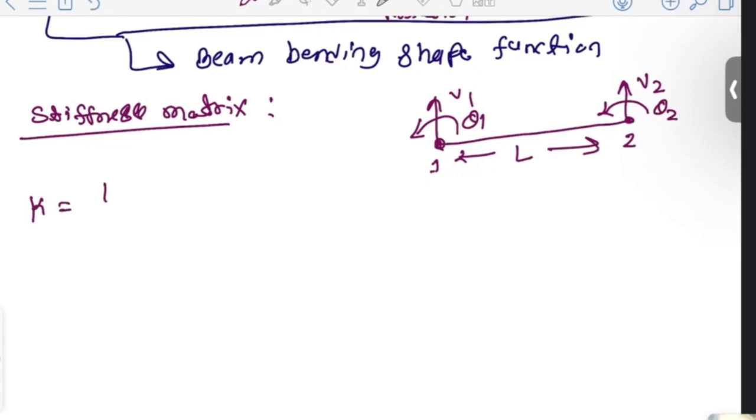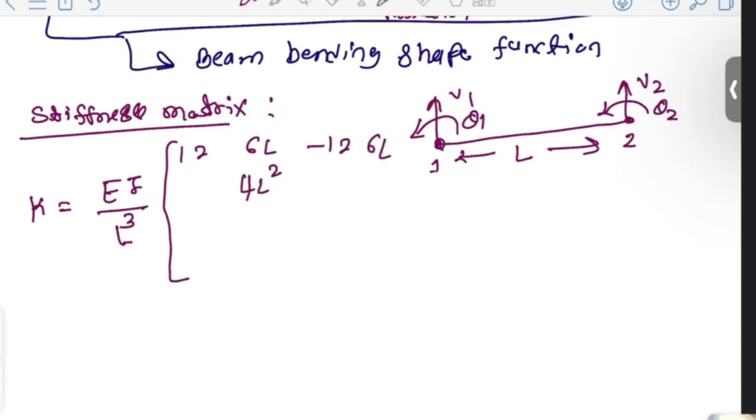So K equal to EI by L cube times 12, 6L, minus 12, 6L, then 4L square, 6L, 2L square, 12, minus 6L, then 4L square.